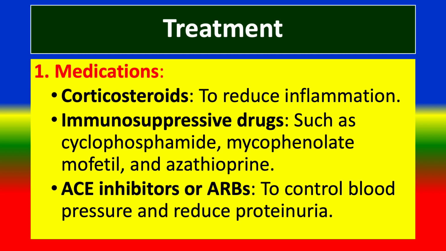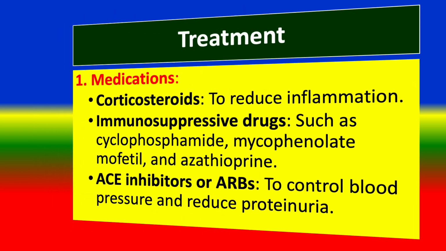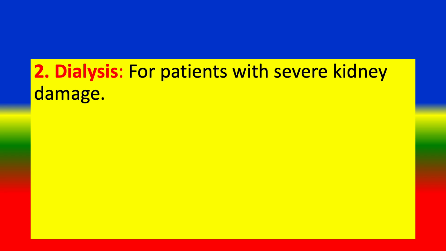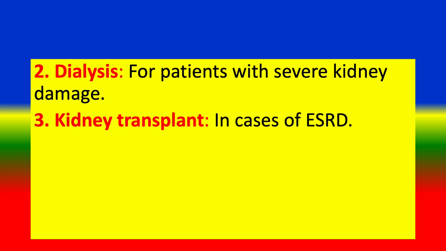Then ACE inhibitors or ARBs to control blood pressure and reduce proteinuria. 2. Dialysis for patients with severe kidney damage. 3. Kidney transplant in case of ESRD.